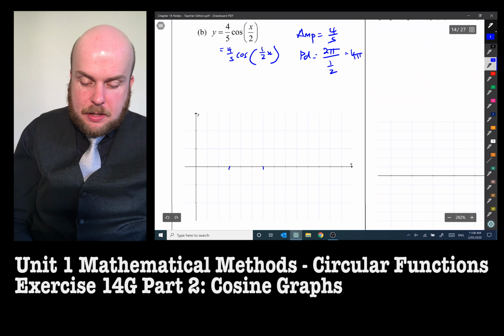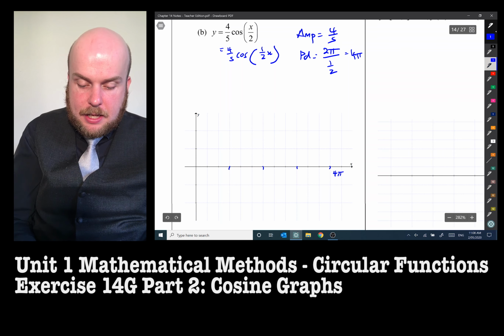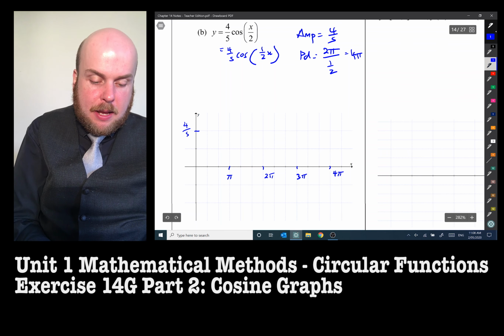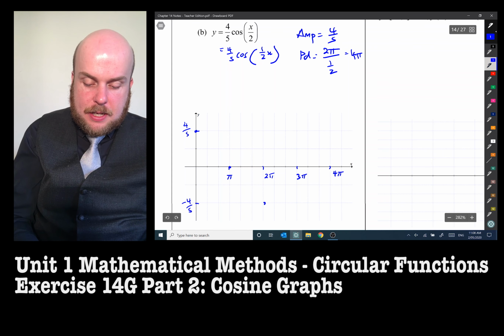Split up into approximate quarters, 4 pi there, halfway is 2 pi, that's a pi, and that's a 3 pi. We've got an amplitude of 4/5, this will be negative 4/5. And again, there's been no reflections or translations, so it's the exact same pattern.